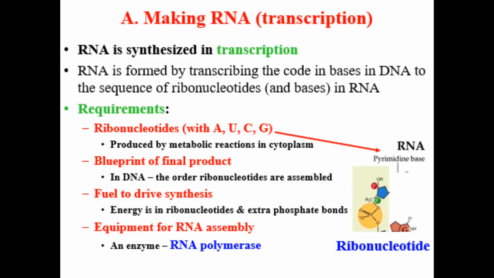And you also need some kind of equipment to join these ribonucleotides together in the sequence that they're going to be joined. So you need some enzymes. And in cells, there's this enzyme called RNA polymerase. Polymerase refers to making something. What it's making is RNA. Okay, so that's what we're going to see when we look at this.